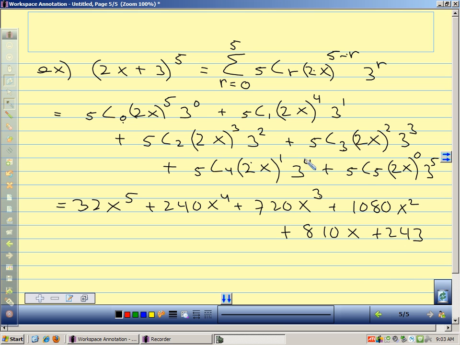So if we multiply all these numbers out, raise all of these to our exponents, this is our expansion. Any questions on that?